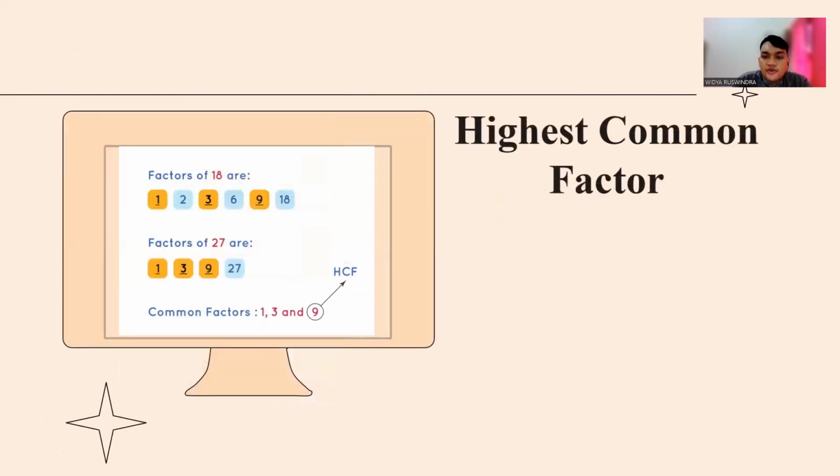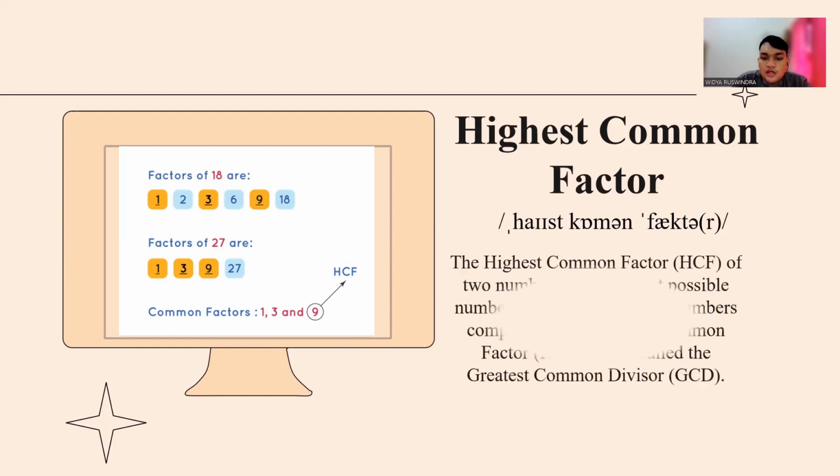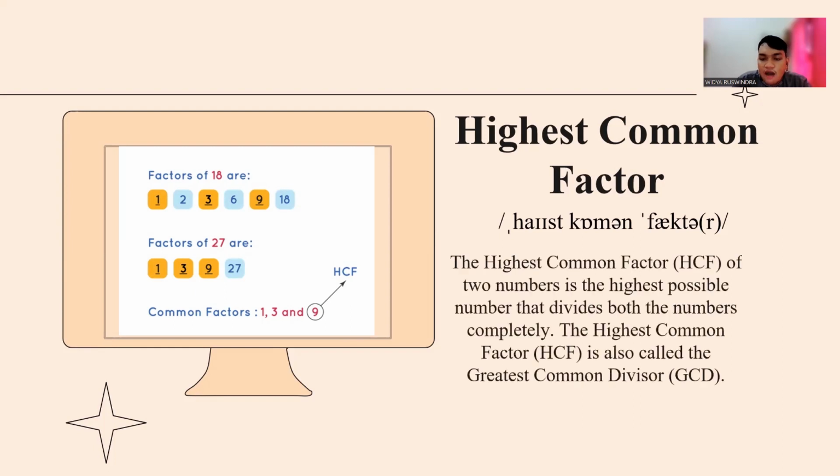Okay, next is highest common factor. Pronunciation is highest common factor. The highest common factor, or HCF, of two numbers is the highest possible number that divides both numbers completely. The HCF is also called the greatest common divisor, or GCD.